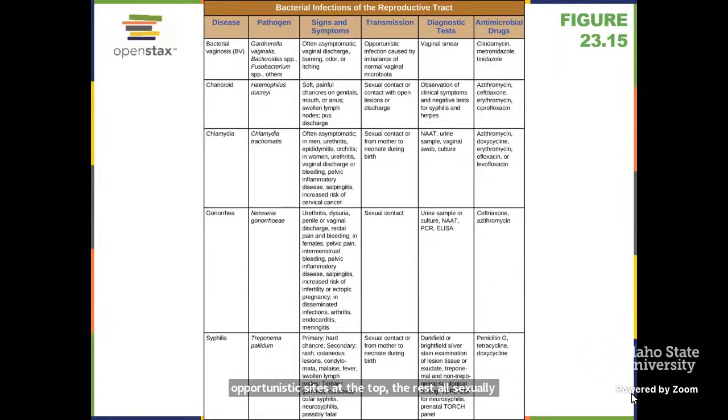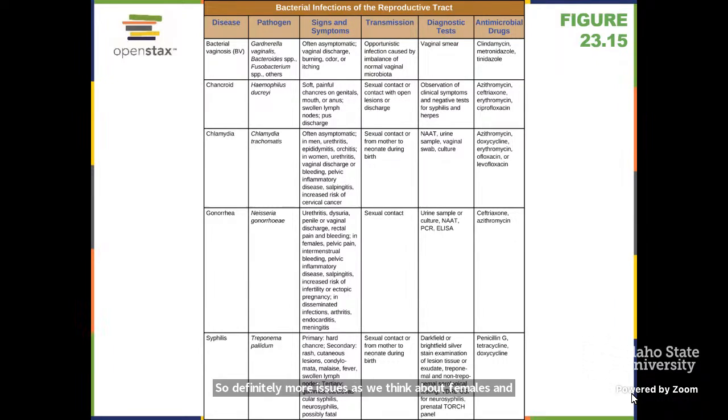Chlamydia, asymptomatic oftentimes in men, but there could be some symptoms, urethritis, epididymitis, or orchitis. In women, oftentimes there are symptoms with urethritis, vaginal discharge, or abnormal bleeding, pelvic inflammatory disease, salpingitis, and there are potentials with this for increased risk of cervical cancer. So definitely more issues as we think about females and the potential for more pronounced symptoms.